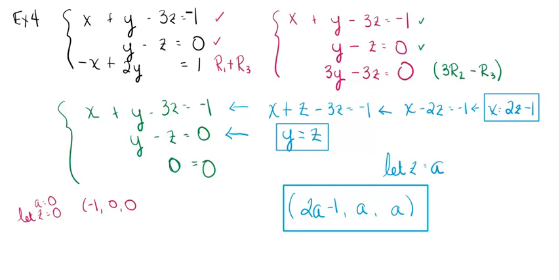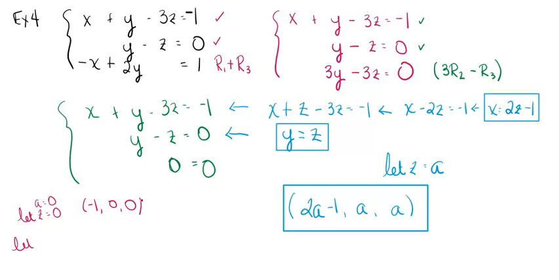Because if z is 0, then that means y is 0. That means I'm going to put 0 in place of this z, or this a here. And 2 times 0 is 0, minus 1 is negative 1. So when I let z be 0, or a be 0, then this is my ordered triple.